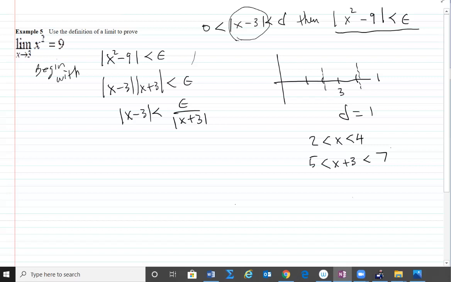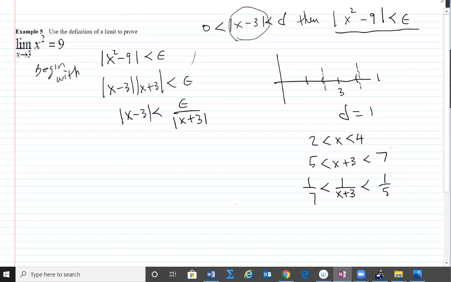So now that means that 1 over 5 less than, okay, so this becomes our, this gives us a bound on the 1 over x plus 3.